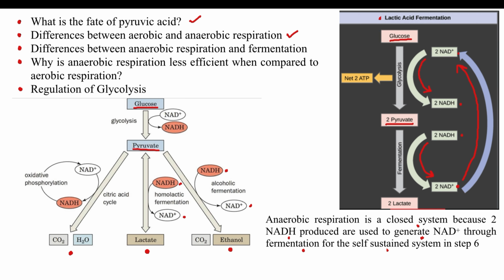You have some nitrates or sulfates. You have archaebacteria, you have purple sulfur bacteria. So they can produce some amount of ATP without using oxygen in the electron transport chain. So that is anaerobic respiration.